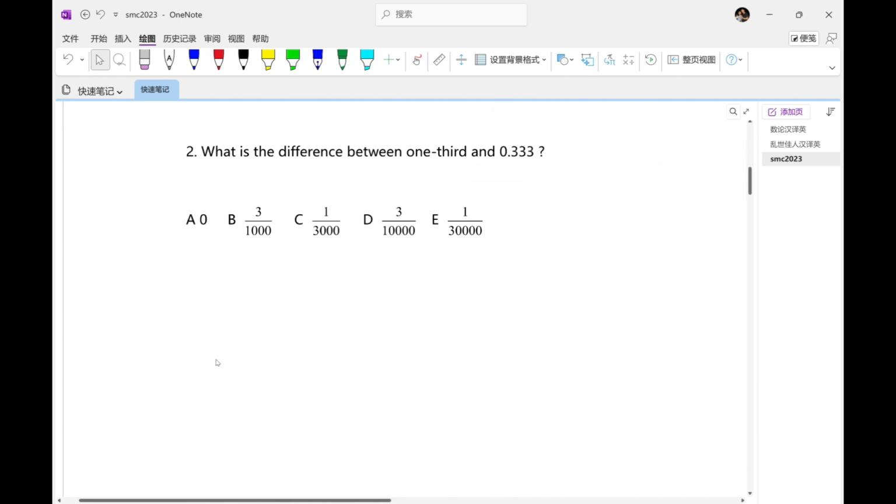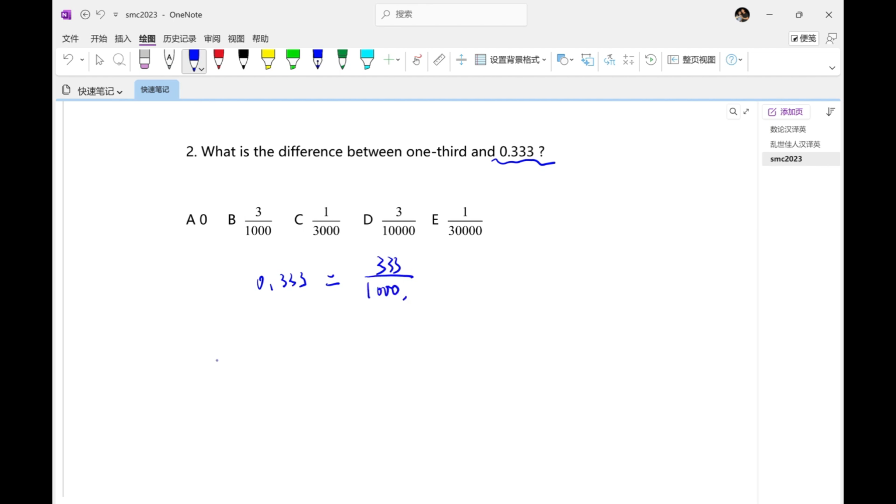What is the difference between 1/3 and 0.333? It's also a calculation. We should transfer this form into a fraction. 0.333 equals 333 over 1,000.